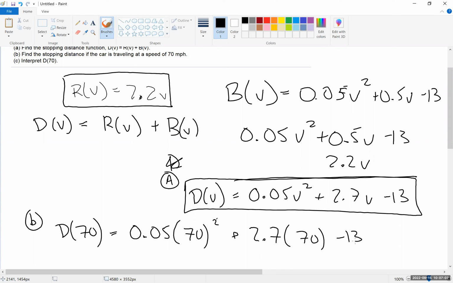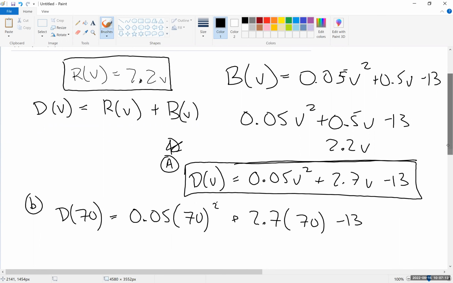So this is now a calculator problem, and I will write out every step. Even though you probably are going to do the majority of this in your calculator or all of it all at once, I'll still write it out. So 2.7 times 70. That way you can follow along, make sure that you're getting this just fine. Minus 13.